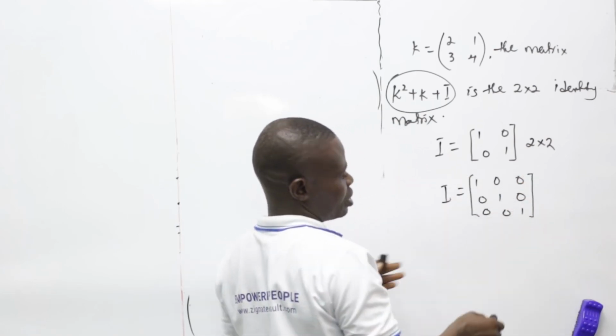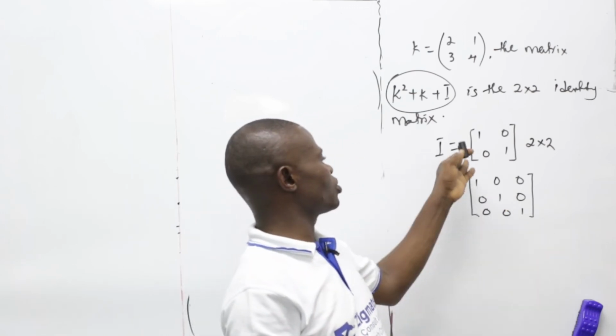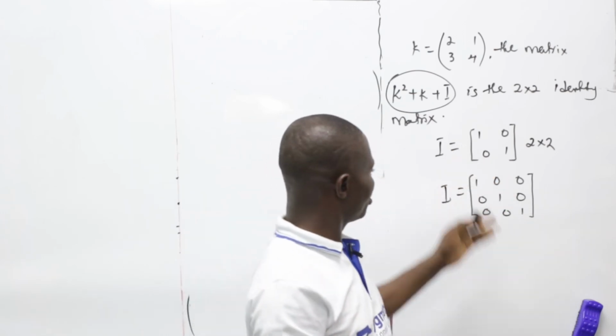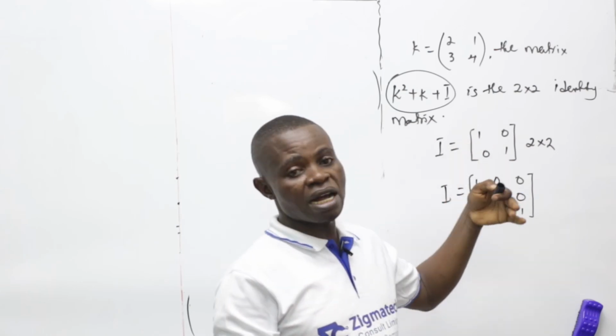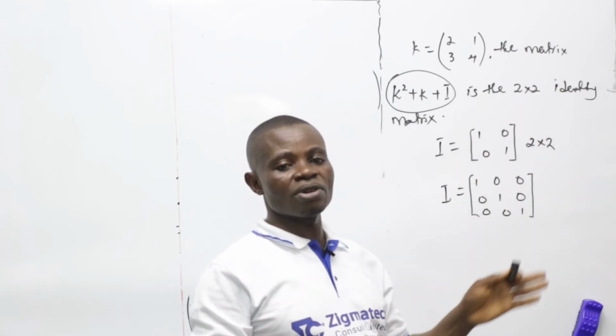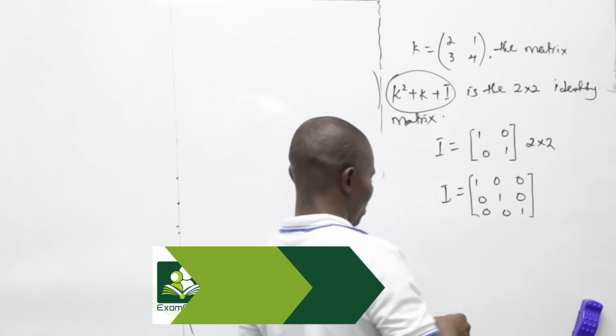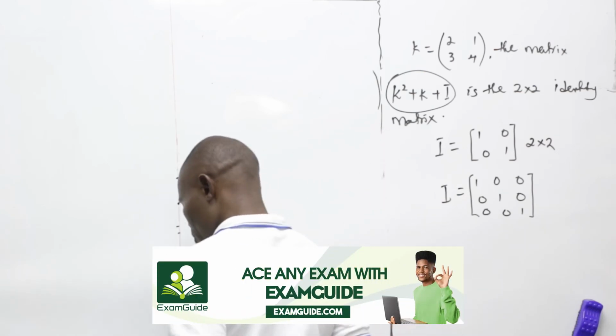All the leading diagonals, they are what? Unity. Meaning for the identity matrix, or unit matrix, what we consider is a diagonal. The numbers above and below, they are all what? 0. But the leading diagonal, they are all what? Unity.